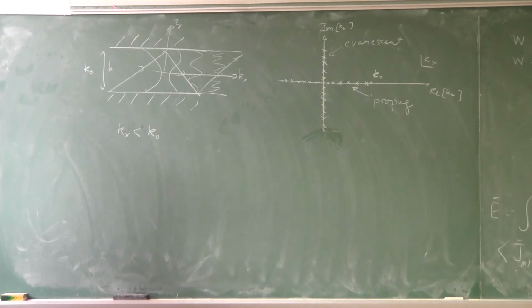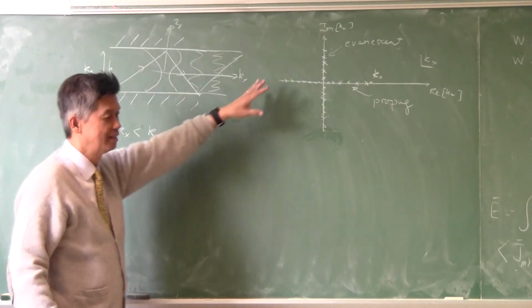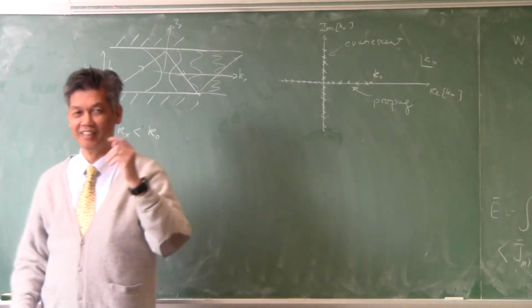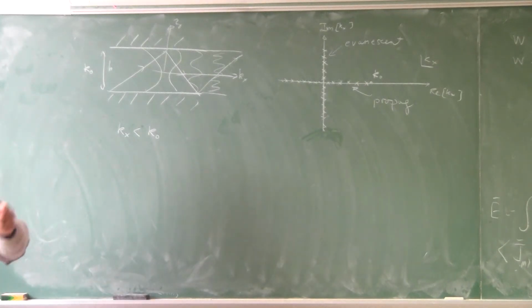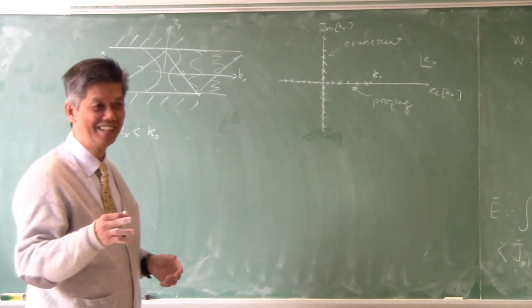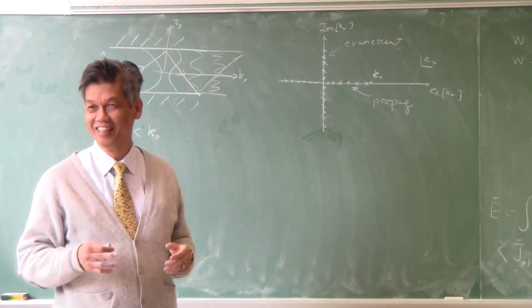Do they become denser, sparser, or do they disappear in thin air? They should become sparser and sparser. Okay, Aditya's suggestion is that if I pull the parallel plate apart, the modes become sparser and sparser. Suggestion 2, anybody? Denser and denser, right?